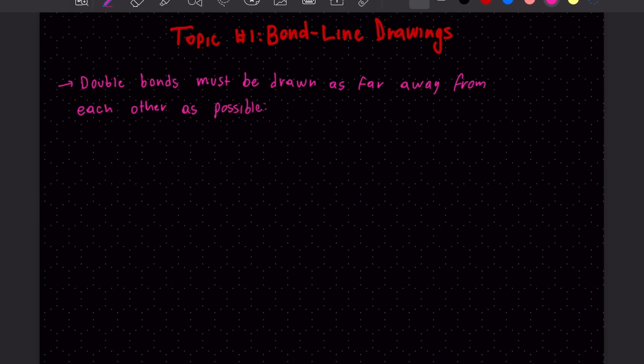So, what does this mean? Let's say that we're told to draw the bond line structure for this molecule right here. And I'm not going to draw the hydrogens since we're just going to assume that they're there.